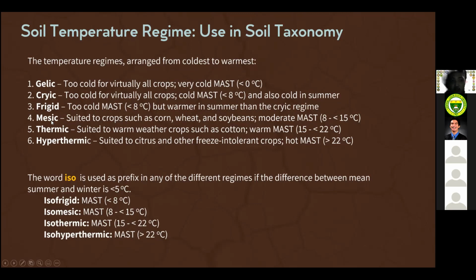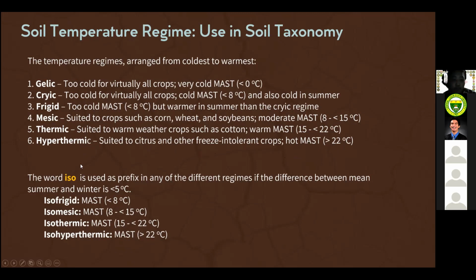Then the mesic, which is the temperature which ranges from 8 to less than 15 degrees centigrade. We have the thermic soil temperature regime, which ranges from 15 to less than 22 degrees centigrade. Then we have the hyperthermic, which is suited to citrus and other freeze-intolerant crops. The mean annual soil temperature is greater than 22 degrees centigrade.